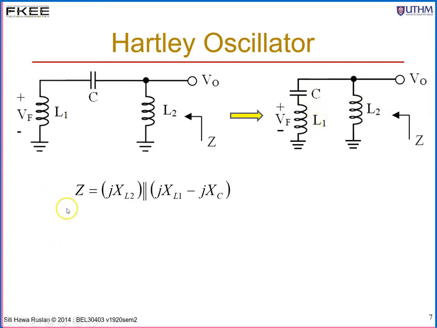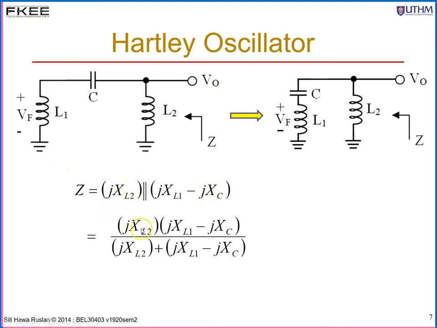So we can write that the total impedance Z is equal to jXL2 for this inductor, in parallel with these two in series, which is jXL1 minus jXC. Meaning that jXL2 is multiplied with, in brackets, jXL1 minus jXC, divided by jXL2 plus jXL1 minus jXC.